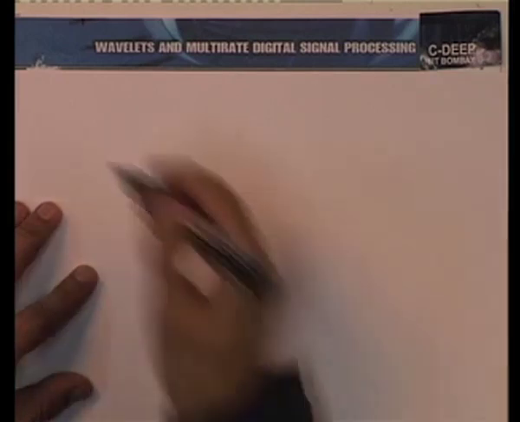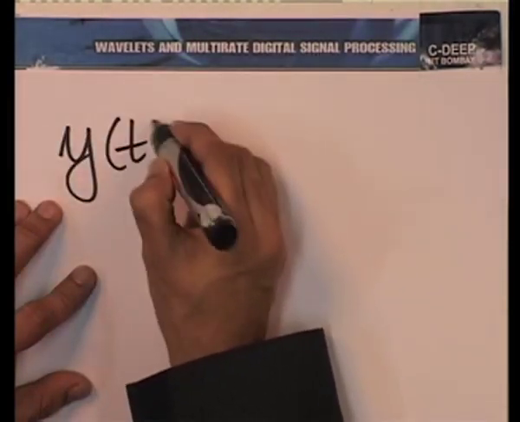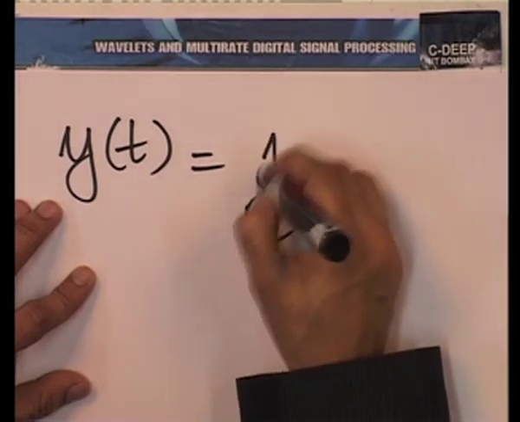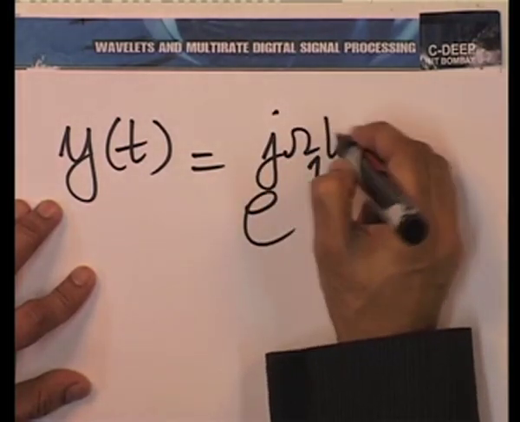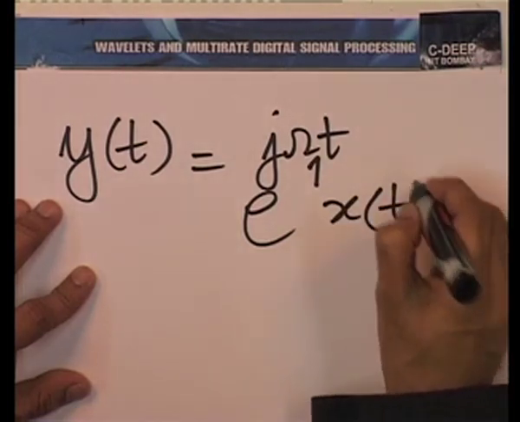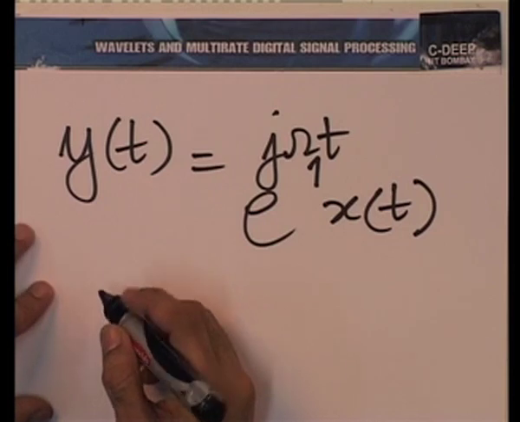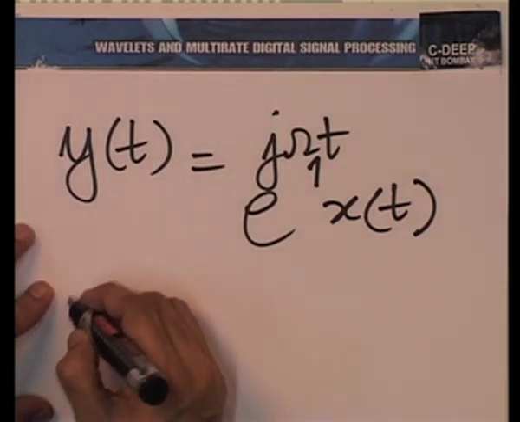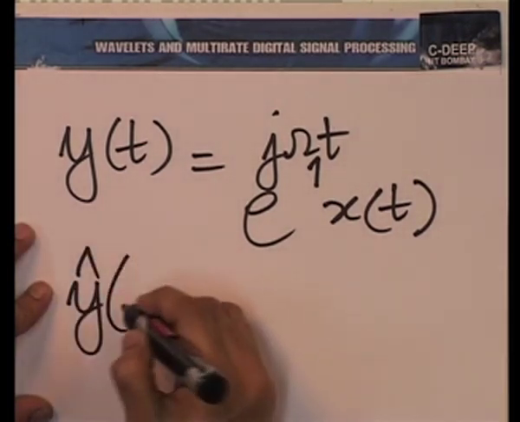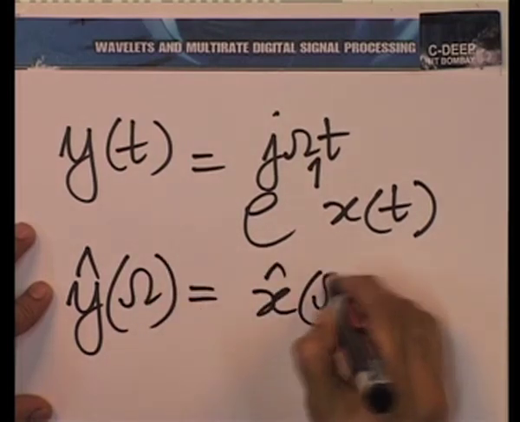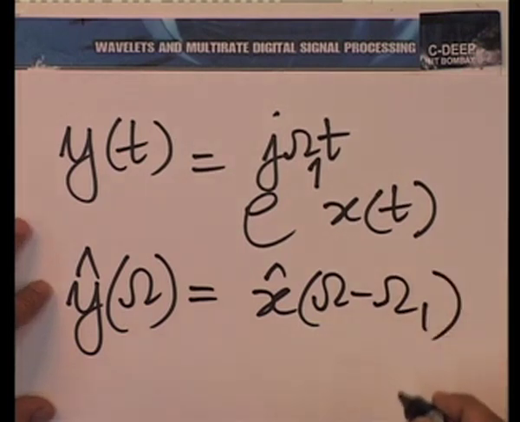Let us consider y(t) equal to e raised to the power j omega1 t times x(t). Now, of course, it is very easy to see that the Fourier transform Y(omega) is X(omega minus omega1).